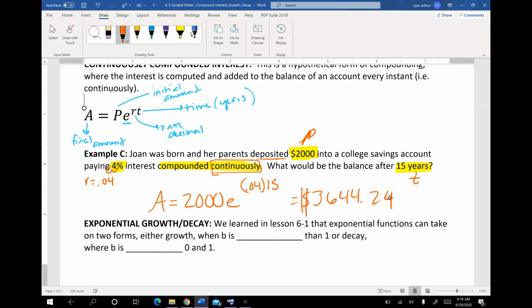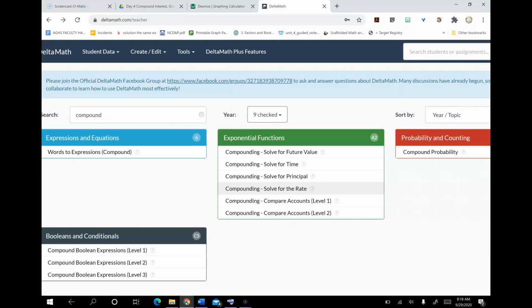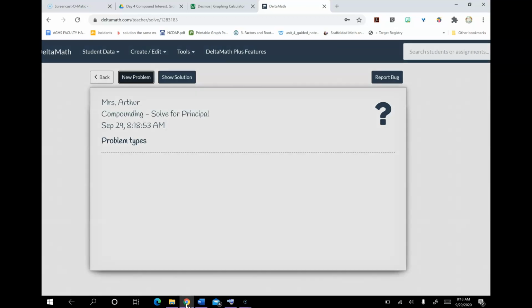All right, so let's go back to Delta Math to do those ones we couldn't do on the last video. Well, we could do them, we just hadn't taught it yet. So, solving for principal. Look, it gave me a quarterly one. Let's get a continuous one. Of course, when I'm doing the video, it's not going to give me one.